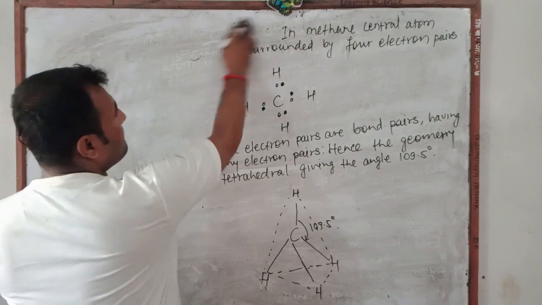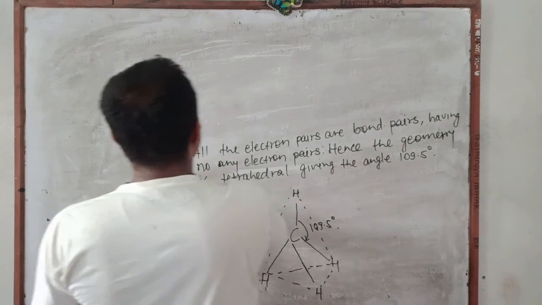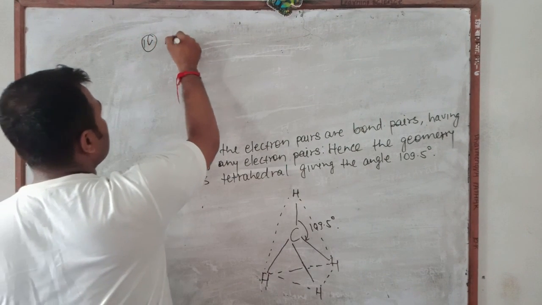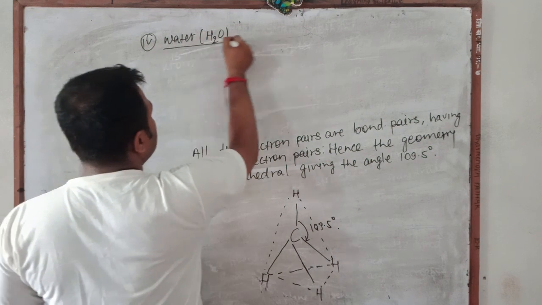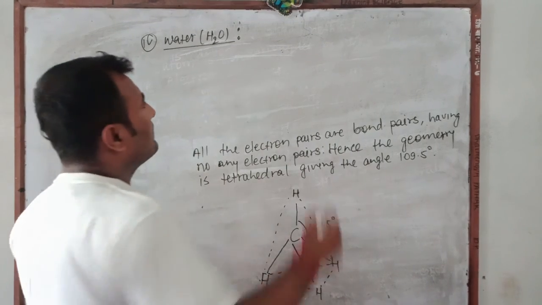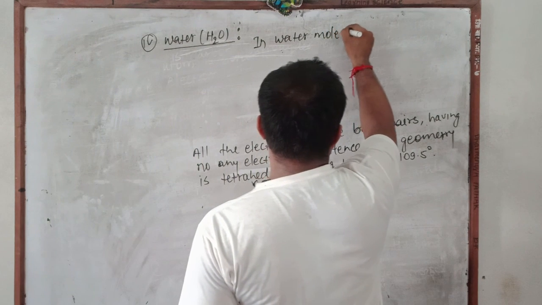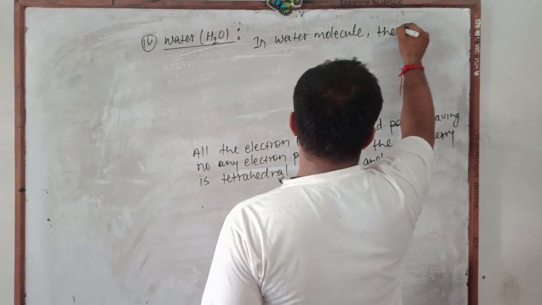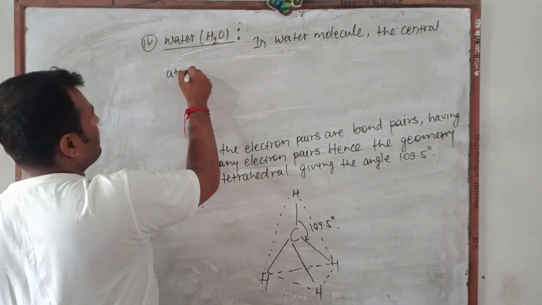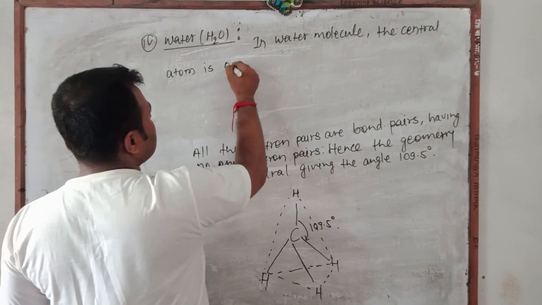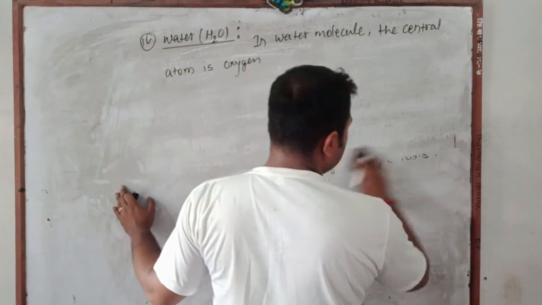After that, we discuss the next molecule on the basis of VSEPR theory: the water molecule, H2O. Listen. In the water molecule, the central atom is oxygen. How do we draw the bonding structure in water?